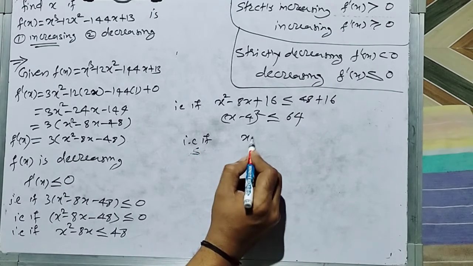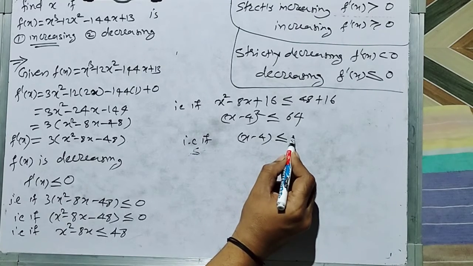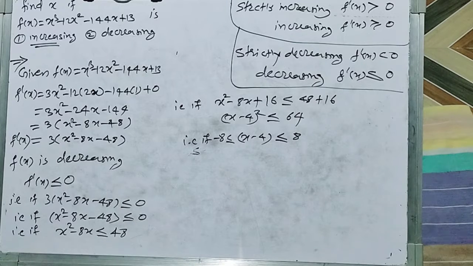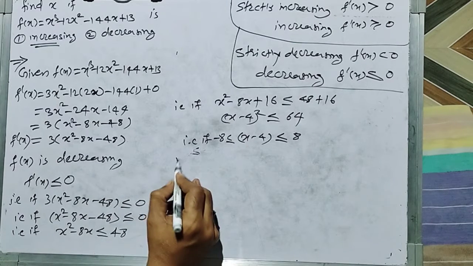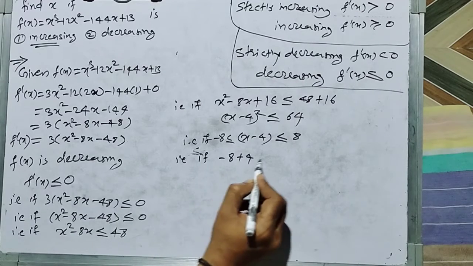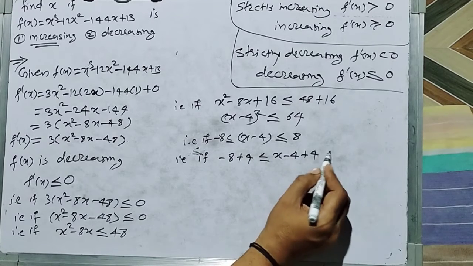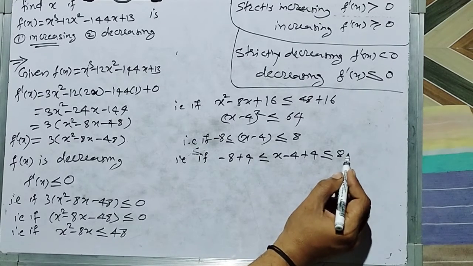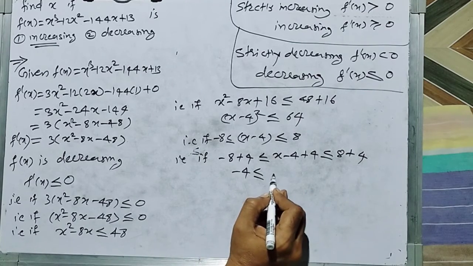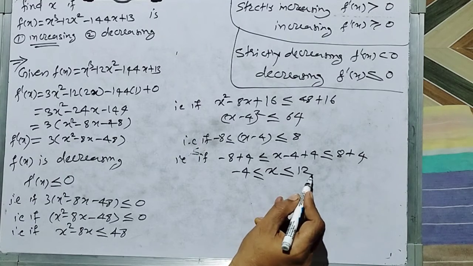So that is, if x minus of 4 is less than or equals to 8, here minus of 8 less than or equals to, so that is, if minus of 8 plus 4 is less than or equals to x minus of 4 plus 4 is less than or equals to 8 plus 4, it means minus of 4 is less than or equals to x is less than or equals to 12.